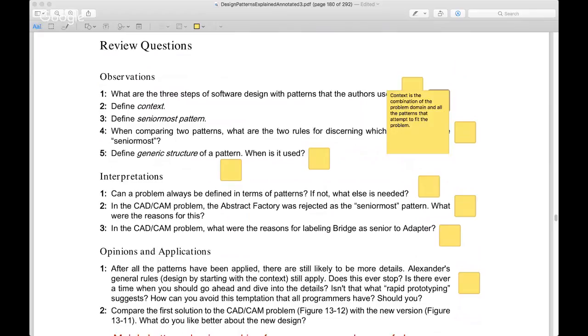The problem I had was that he did not really attempt to define context very much in the beginning of the book. I know because I did a search on it. Yeah. And so my worry is, what does he mean by context? Context is a very, very vague word without context.